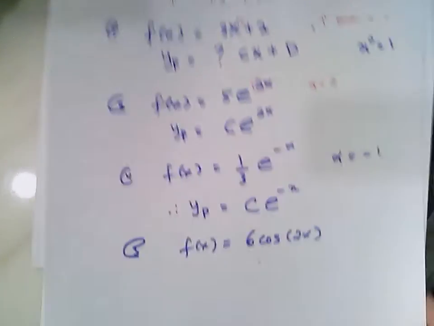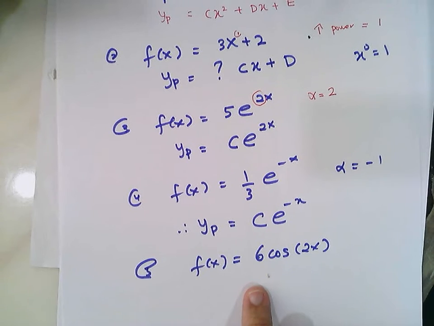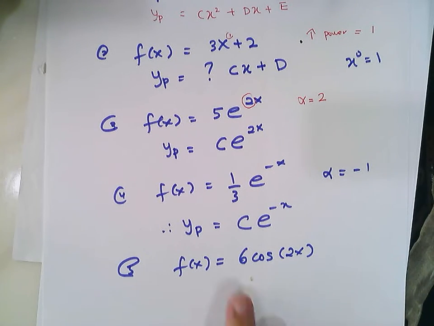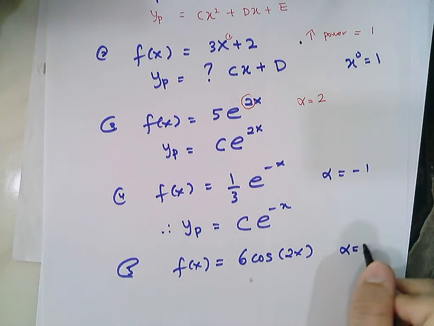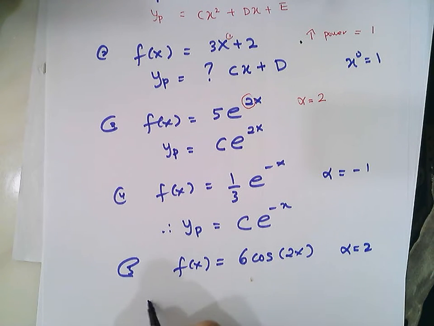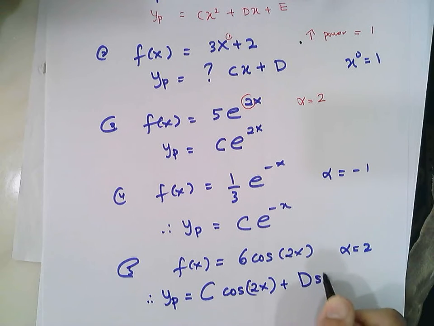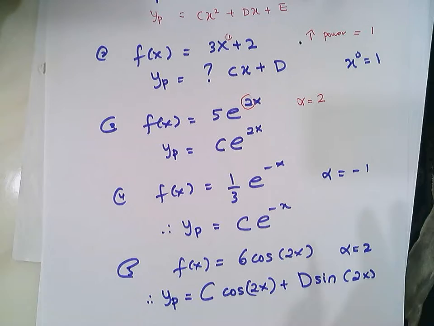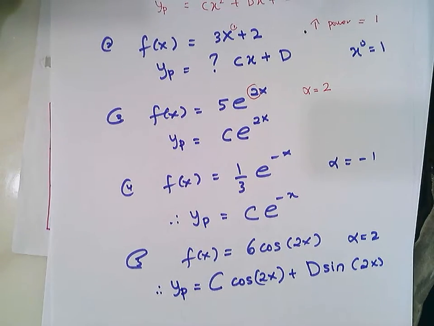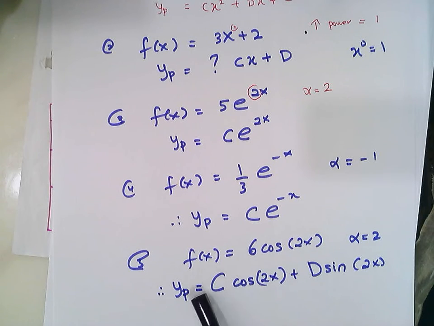So in this one, you know that your alpha is equal to 2. Therefore your suggestion for yp is equal to c cos 2x plus d sine 2x. Although you just have a cos function here, your suggestion for yp must be a linear combination of cos and sine.